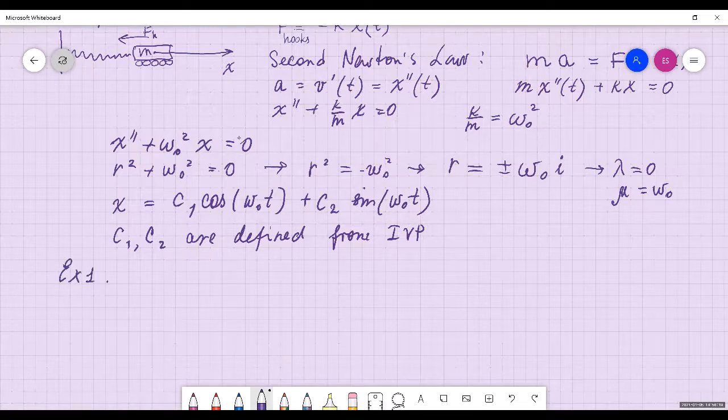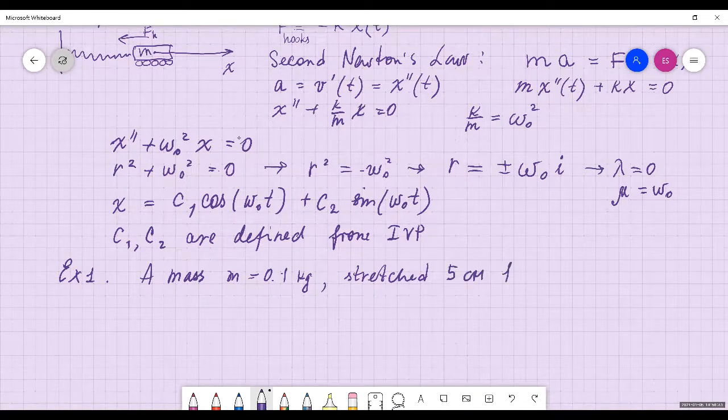Example 1. We have a mass m, which equals 0.1 kilograms, and it's stretched from equilibrium position for 5 centimeters.